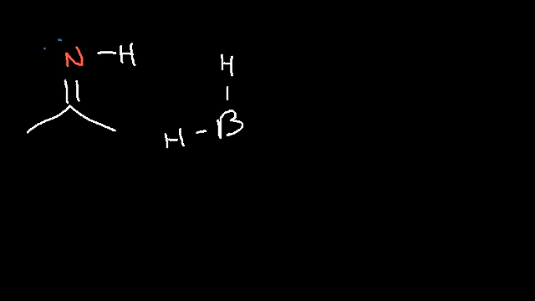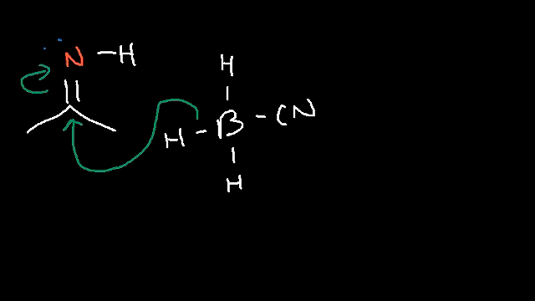So let's propose a mechanism for the reduction of an imine into an amine. So let's see what we can do here. So this is going to be the reducing agent. And so just like all the other reactions, this is going to reduce the imine.